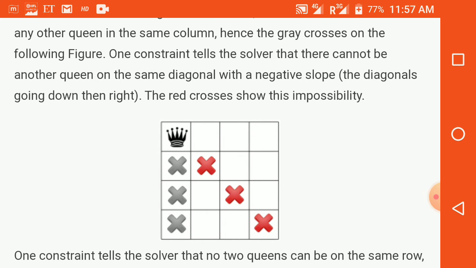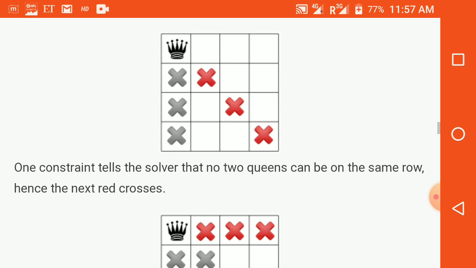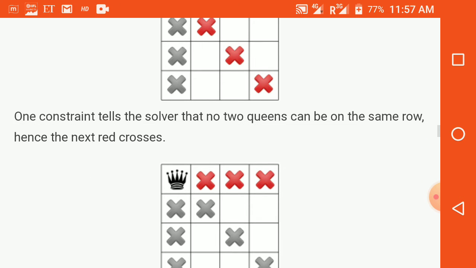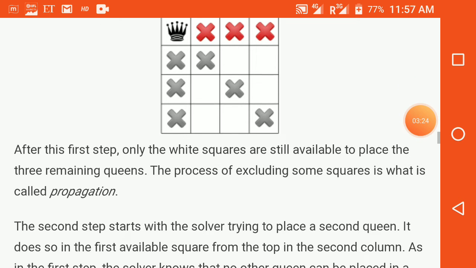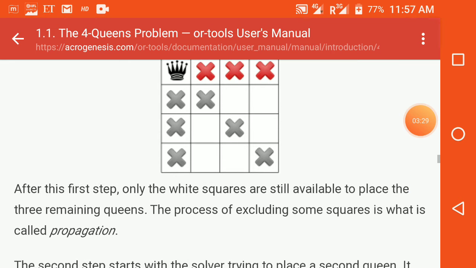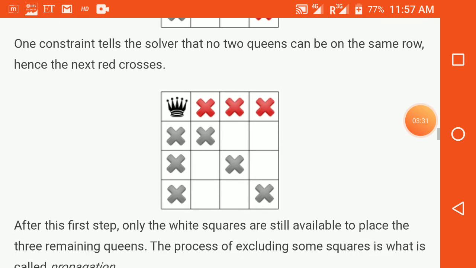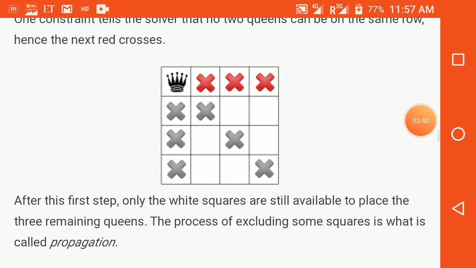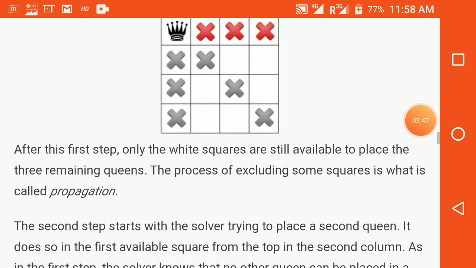The constraint tells the solver no two queens can be placed in the same row, and hence the next crosses. So after the first step, only the white squares are still available to place the three remaining queens, and the process of excluding some squares is called propagation.